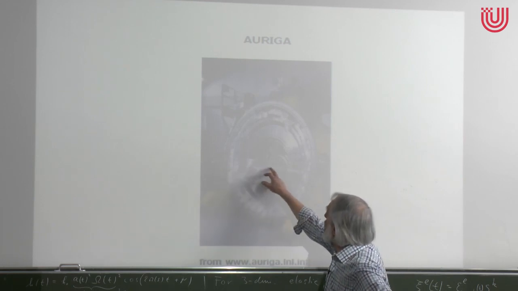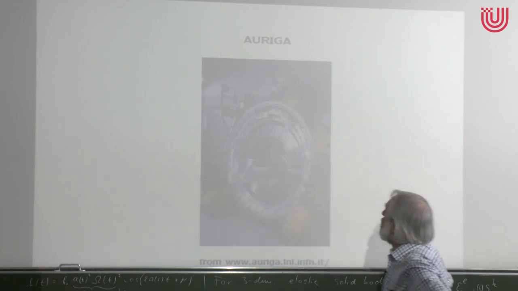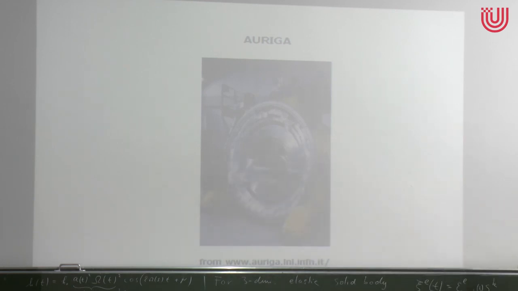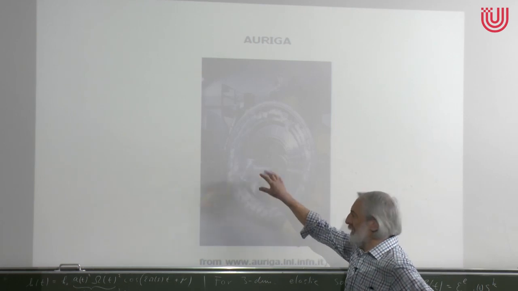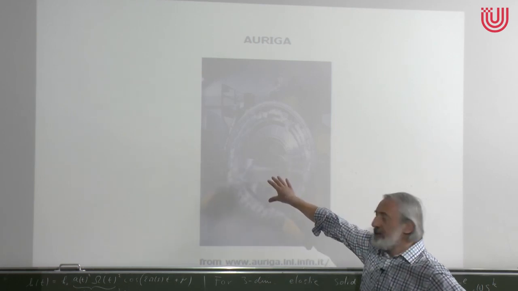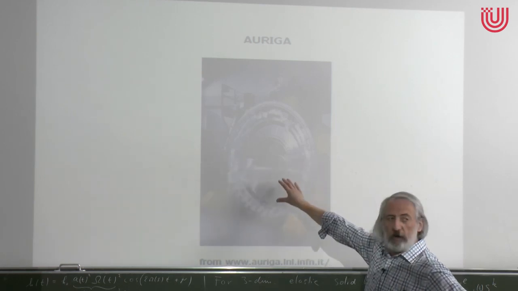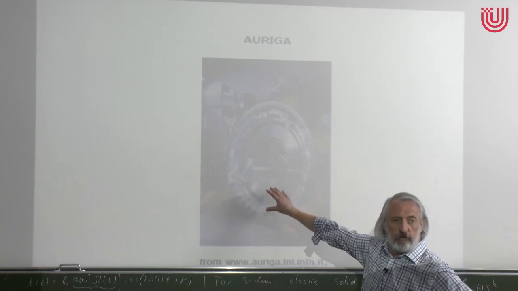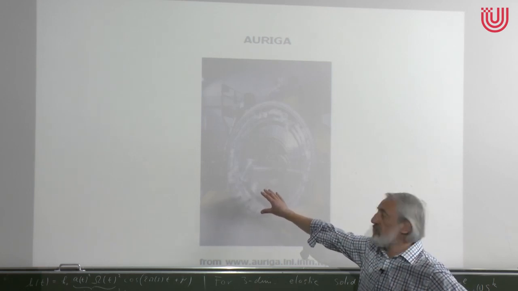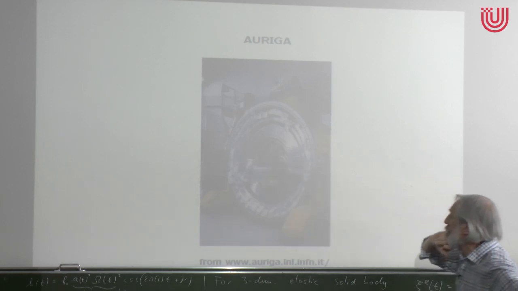Here comes a cylinder out of this container. It's about 3 meters long. And when it's in operation, it doesn't stick out. It's completely inside this tank. And the whole thing is cooled down almost to absolute zero, to millikelvins.